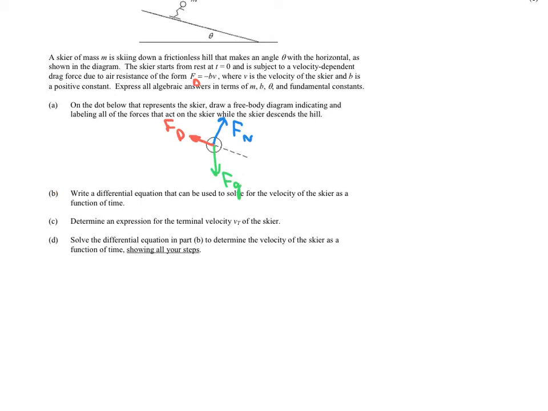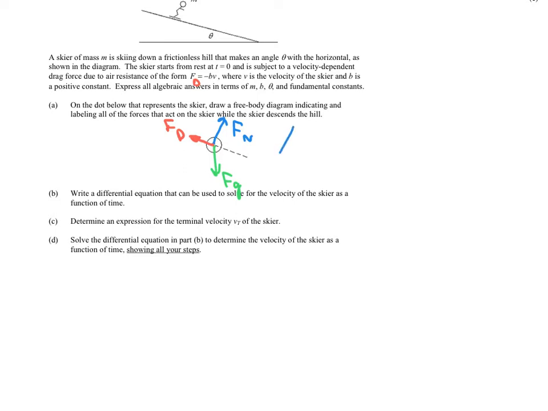Part B. Write a differential equation that can be used to solve for the velocity of the skier as a function of time. So we want to go back and start saying, well, what can we say? Well, we have a Newtonian system here.